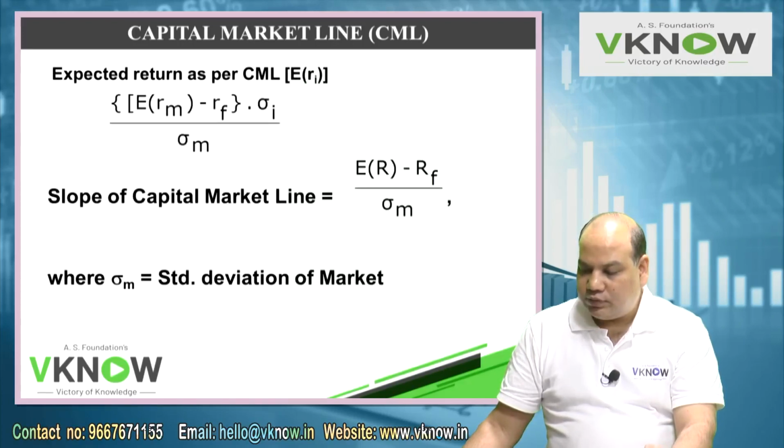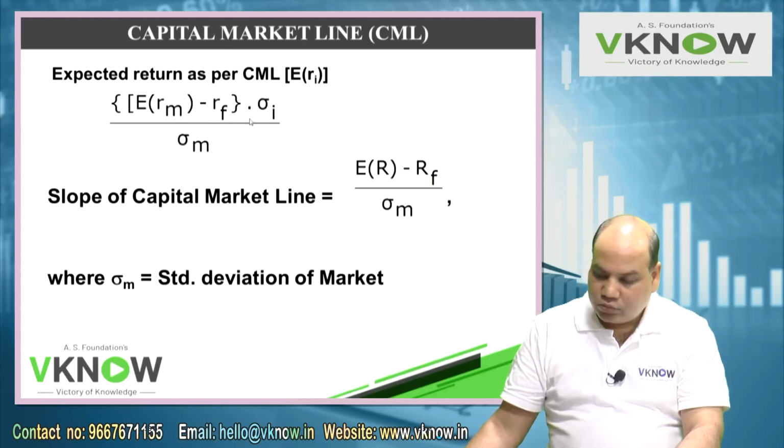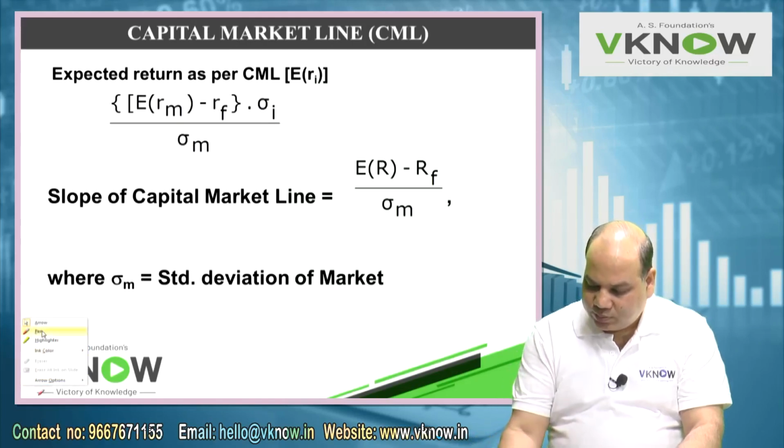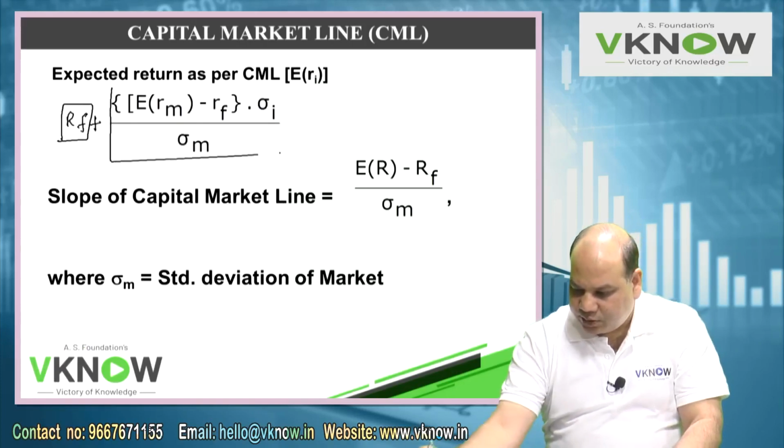So what is the formula related to capital market line? The formula is expected return will be equal to Rf plus Rm minus Rf into sigma of the stock upon sigma of the market. Just add here Rf, the risk-free return, plus the premium.